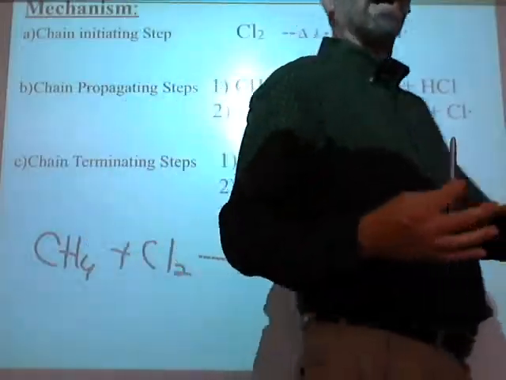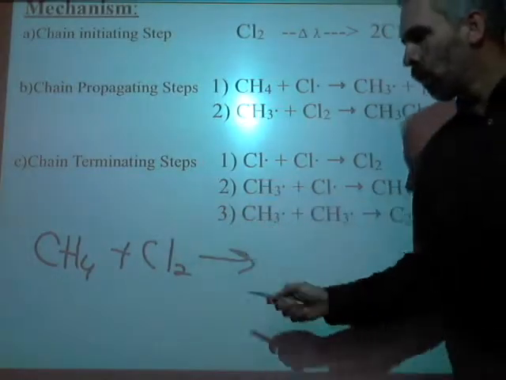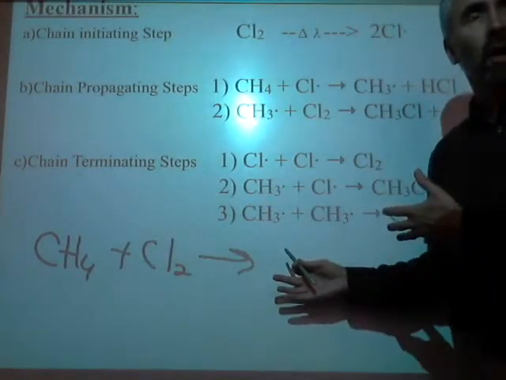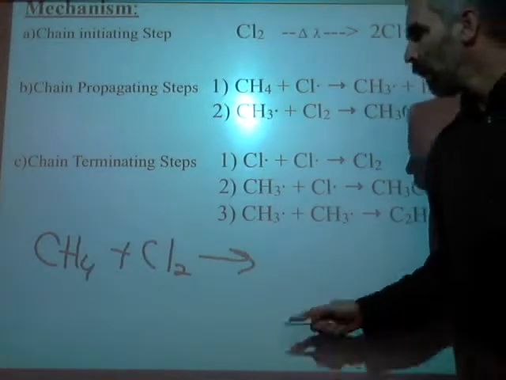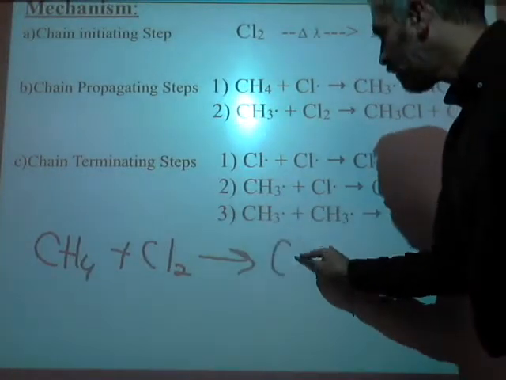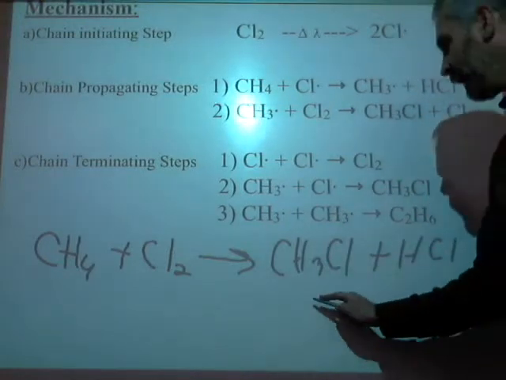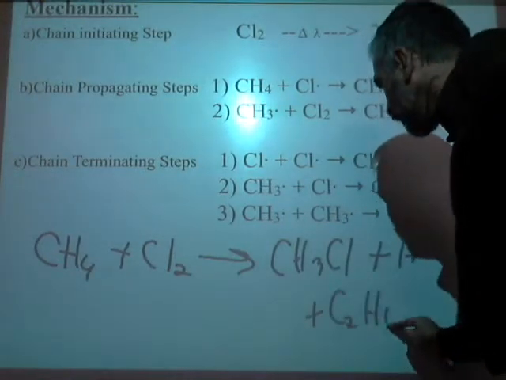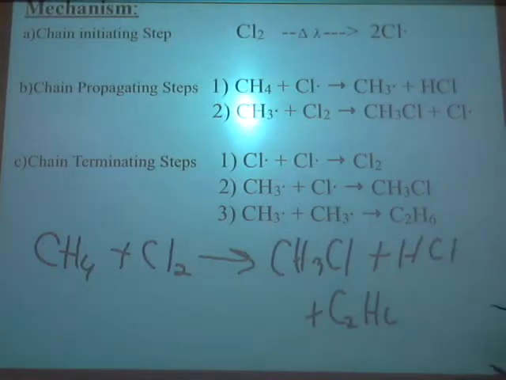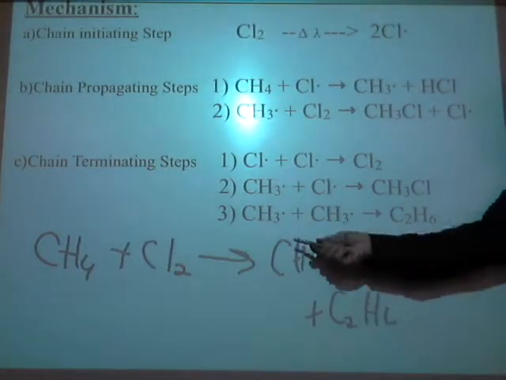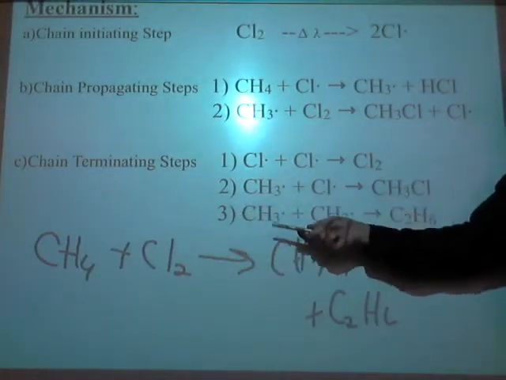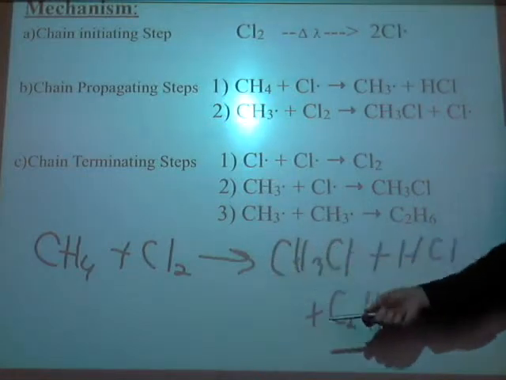Who in their right mind would have said CH4 plus Cl2, that's on the sheet, on your test a month ago? You would have said, oh yeah, you're going to get CH3Cl and HCl, and I got to get a little bit of C2H6 because of this. Nobody would have guessed you would have gotten some ethane from reacting methane with chlorine, right? No one was going to write this down.